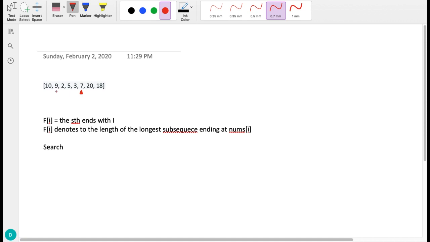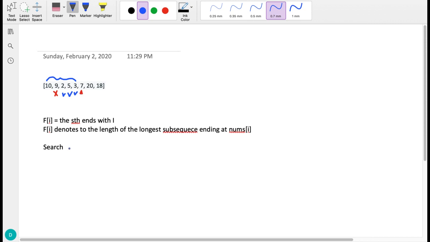The element before 7 is definitely not 9, because 9 is larger than 7, so it's not increasing, it's decreasing. So it has to be either 2 or 5 or 3. So we just traverse the elements before i and find those elements that are less than 7.